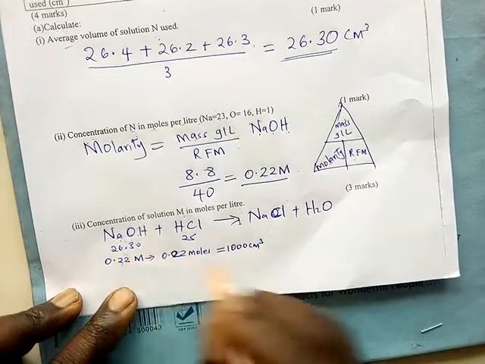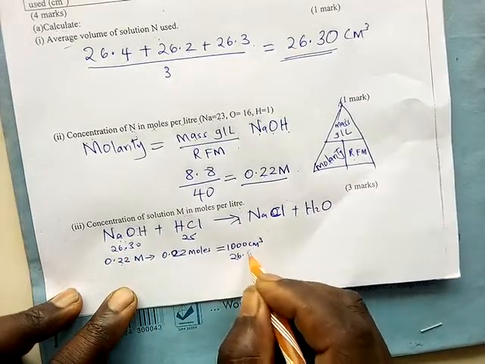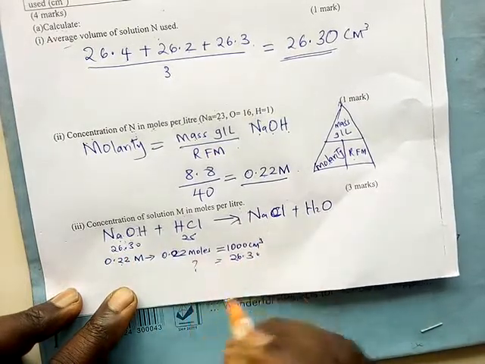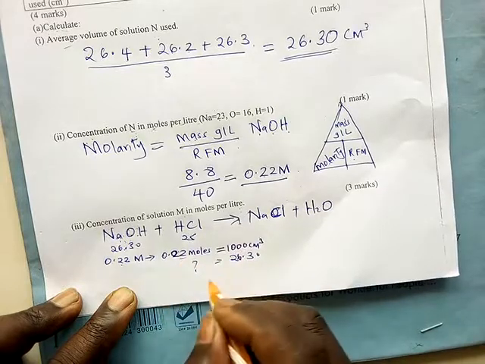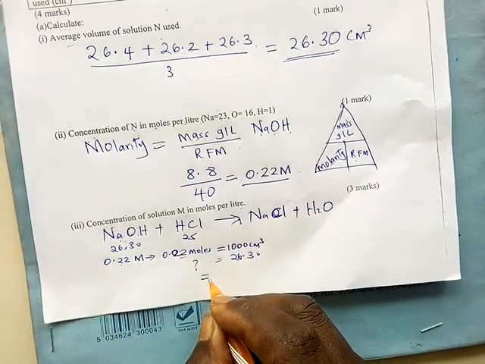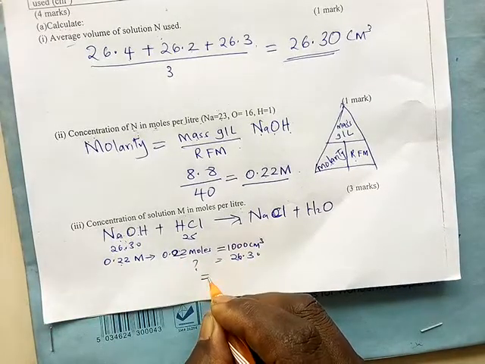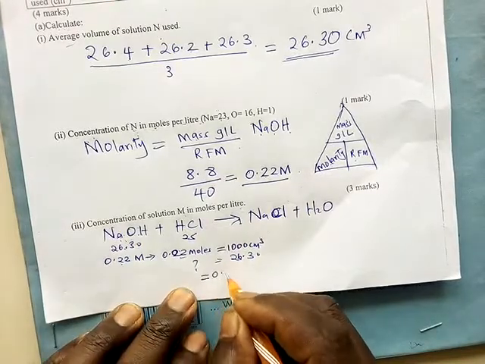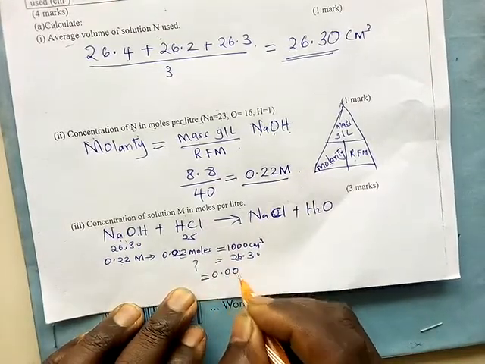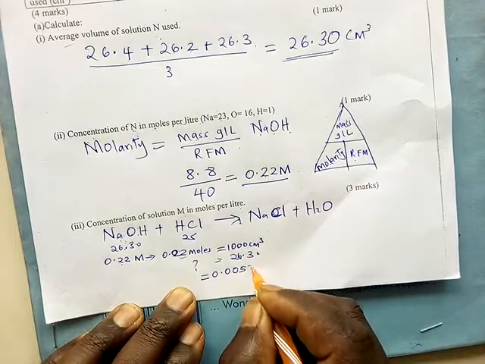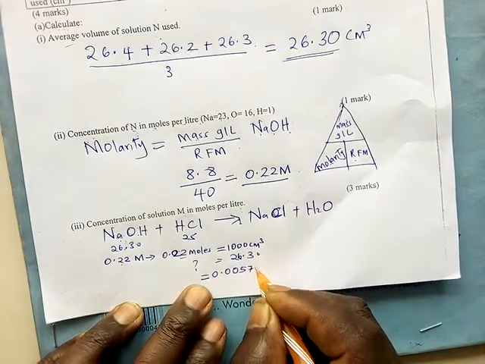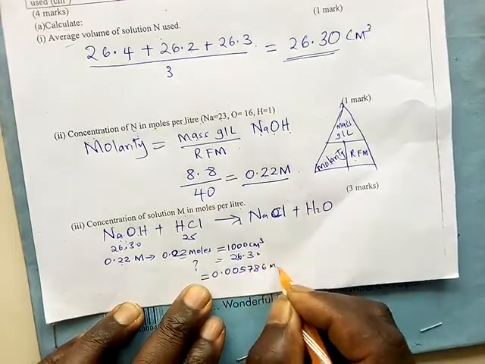What about this one? 26.30. What will be the number of moles? So this times this times this will give you 0.00578 moles.